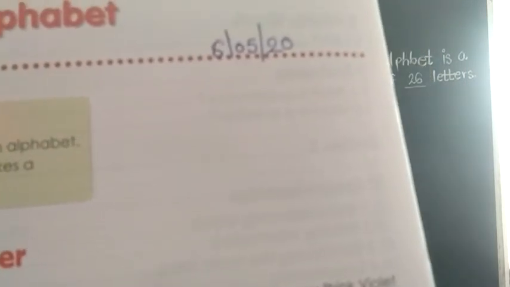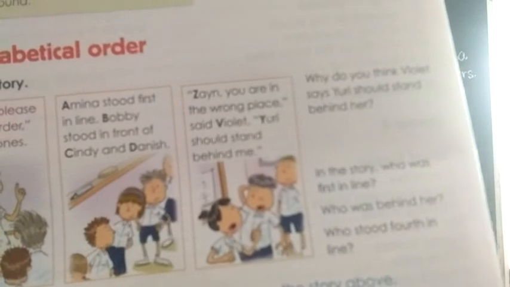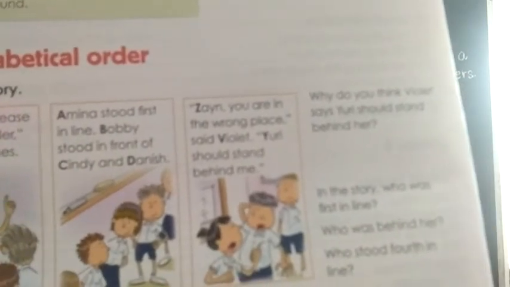So, there you have to arrange them in alphabetical order. First V, then Y, and then last Z. Okay. So it is given here, name the person behind Bobby. Behind means after Bobby, who is there, you have to write their name. That is Cindy.